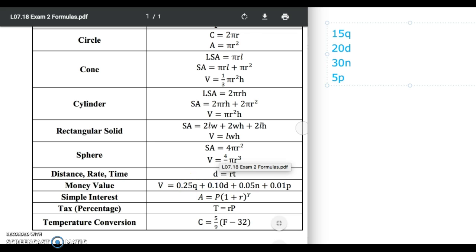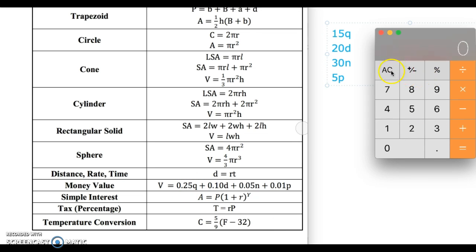So I've got 15 times 0.25, which is how much a quarter is worth, plus, and then make sure you do parentheses, 20 times 0.1.